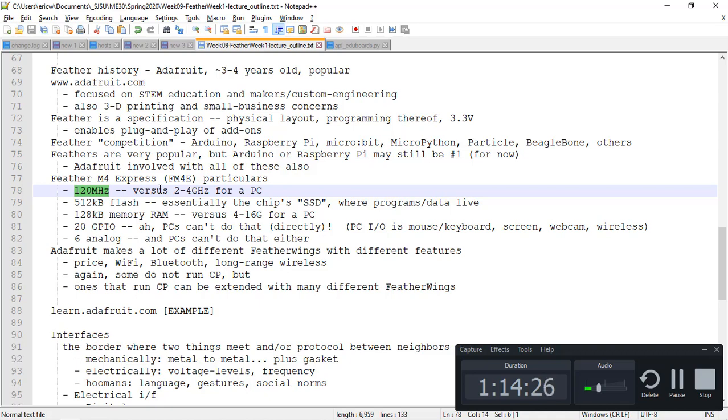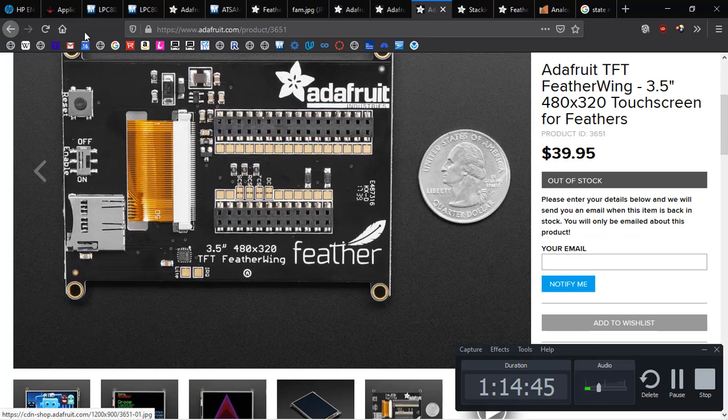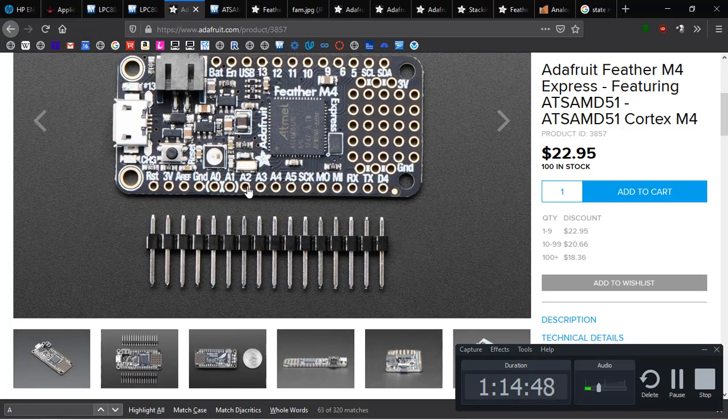So the cool things that a microcontroller can do, and it's what microcontrollers were designed to do, is that they make themselves available very closely electrically to the environment through what are called GPIO, which are general purpose input-output. Basically all these pins that you see on a Feather board are the electrical connections.